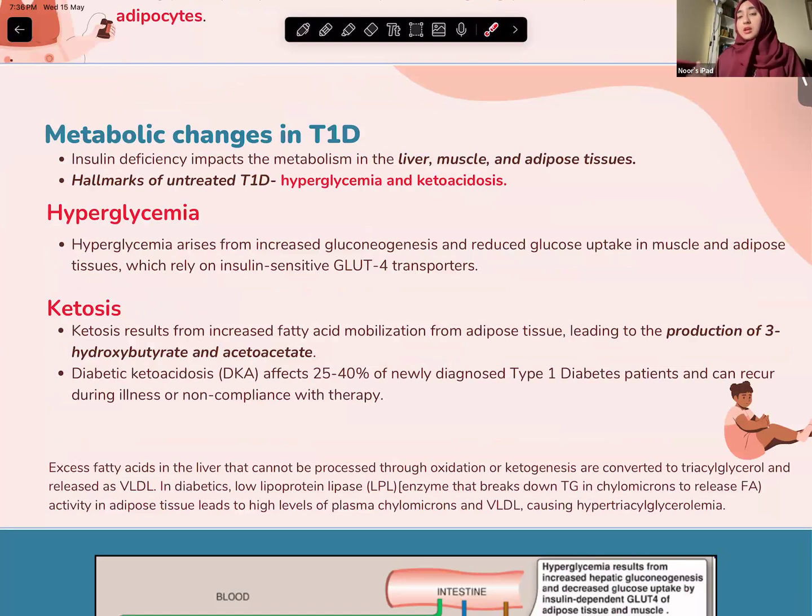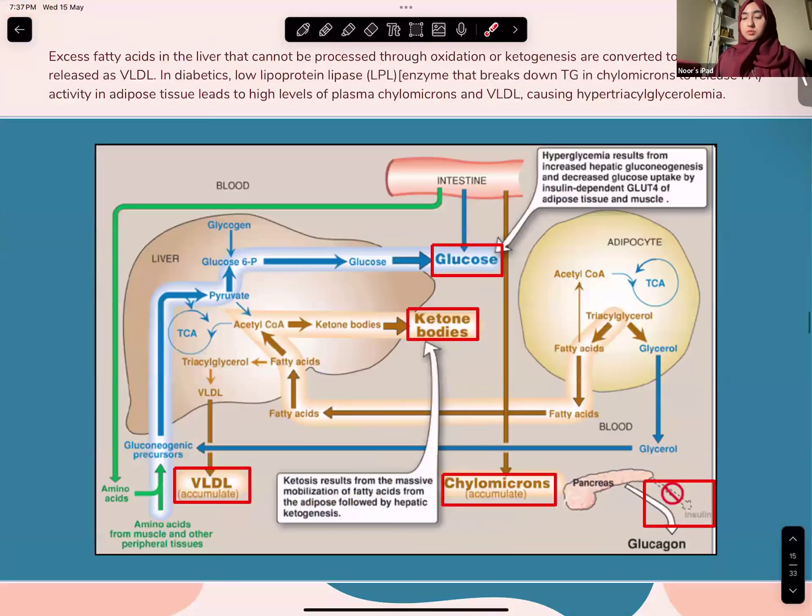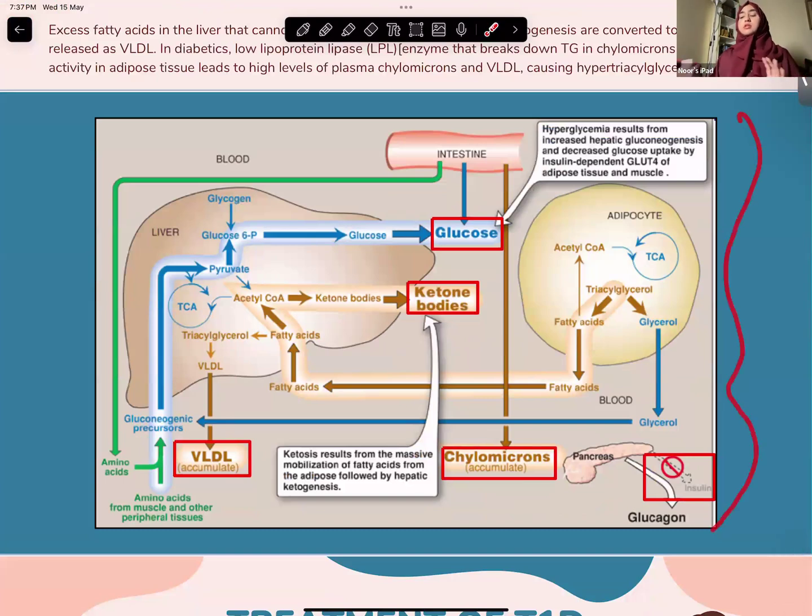Now that is low, so that elevates the plasma chylomicrons and VLDL. Again, because of low LPL activity, chylomicrons and VLDL accumulate in the bloodstream. That causes hypertriacylglycerolemia, which is an accumulation leading to a high level of triacylglycerol in the blood, and this condition is known as hypertriacylglycerolemia.